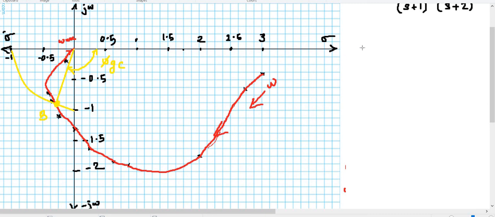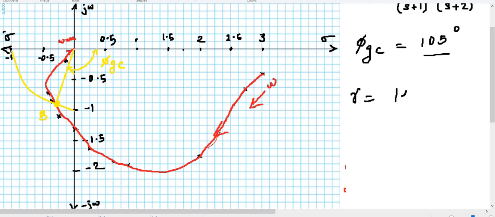So we will get phi GC. When you measure that angle, you will get phi GC approximately equal to 105 degrees. And what is our phase margin?